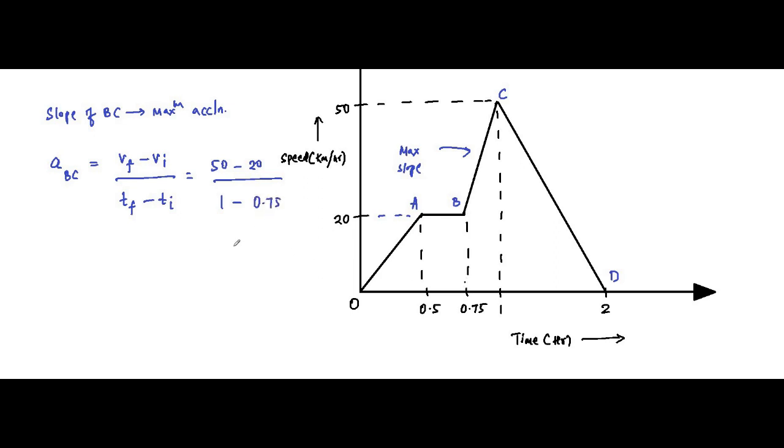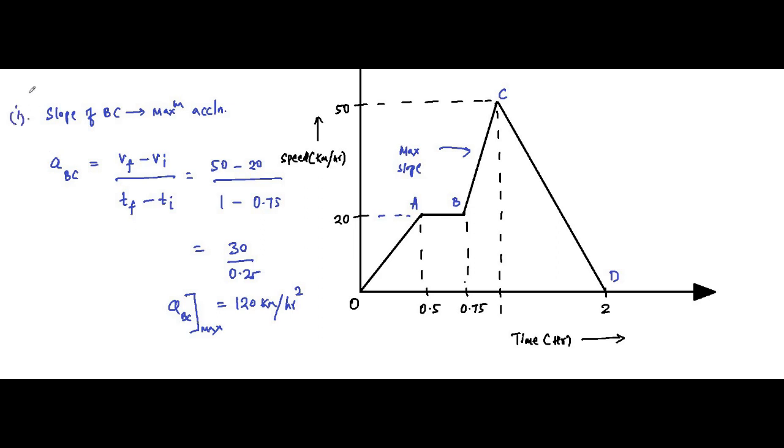That is equal to 30 by 0.25, which is 120 kilometers per hour square. That is the maximum acceleration, in the BC portion. That is the first bit.